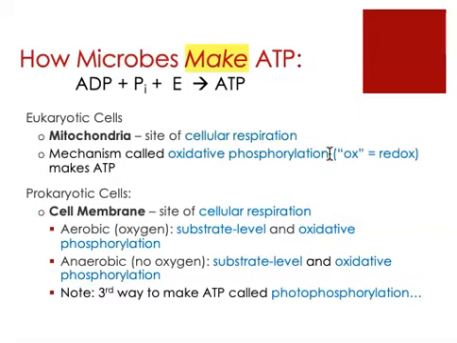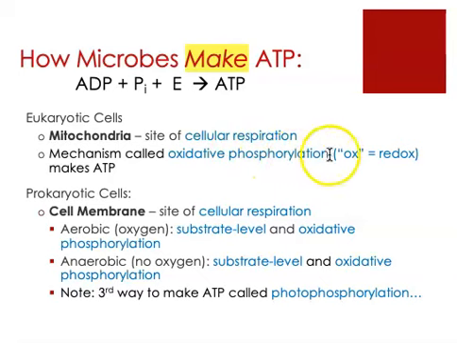Now here's something I want us to know, and you'll hear me say this again and again over the next couple of lectures. This word oxidative does not mean oxygen. Let me say that again. That's very important. Oxidative does not mean oxygen.